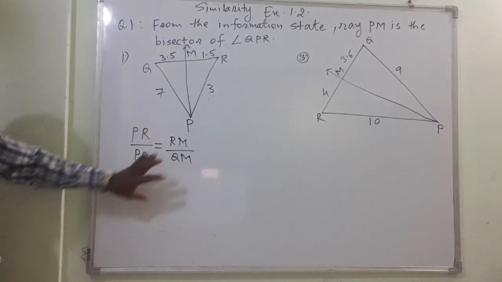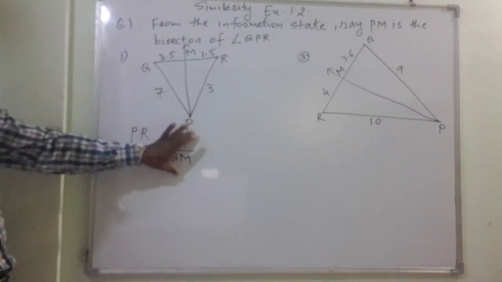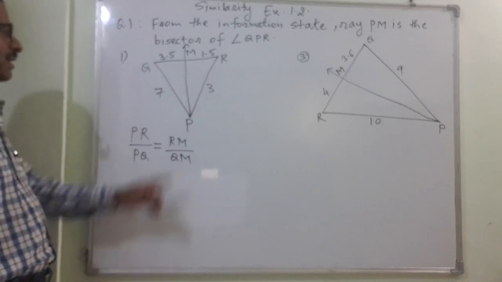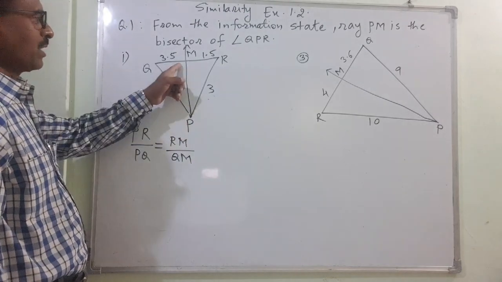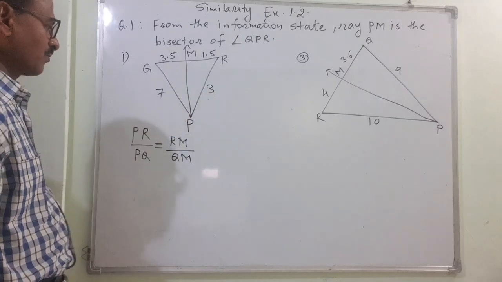While proving the theorem, we have taken it. This was first and then afterwards this. The angle bisector divides the side opposite to that angle in the ratio of the remaining two sides.